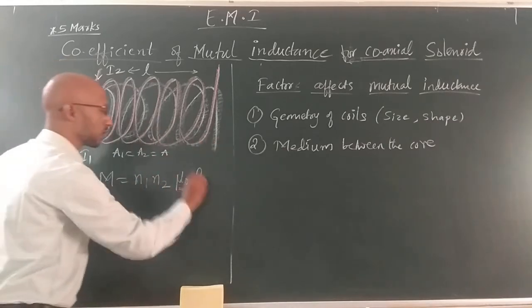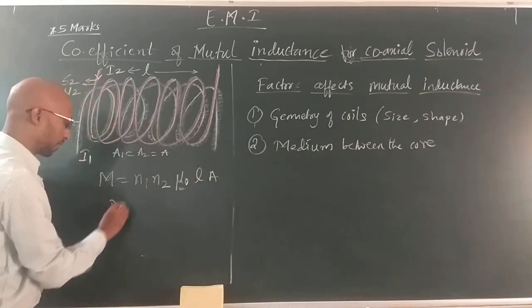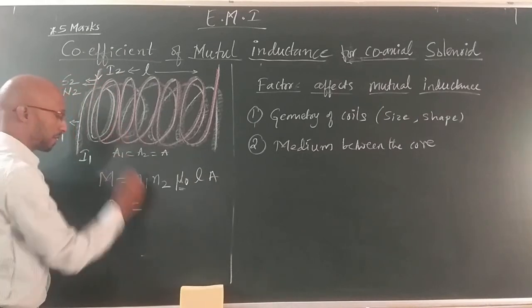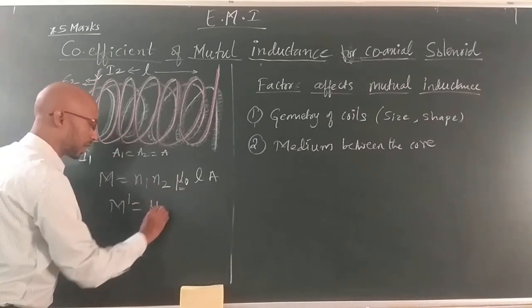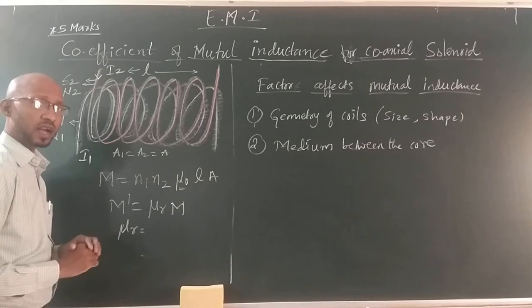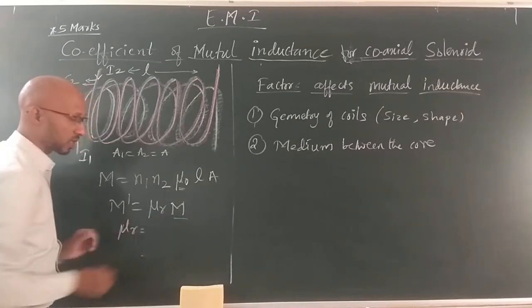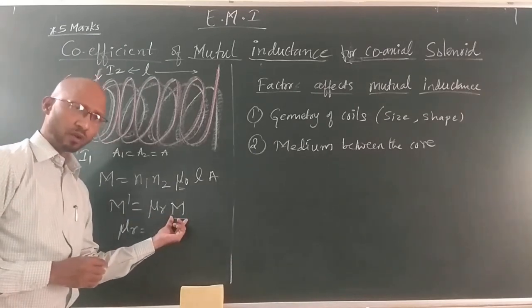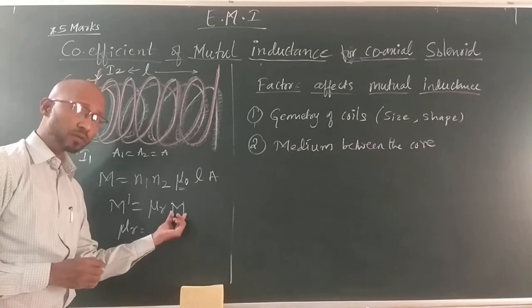My equation becomes what here? The rest remains the same, but it will be mu r into mu naught. What is this mu r? Permeability of the iron core material. This is the mutual inductance of the air core material.